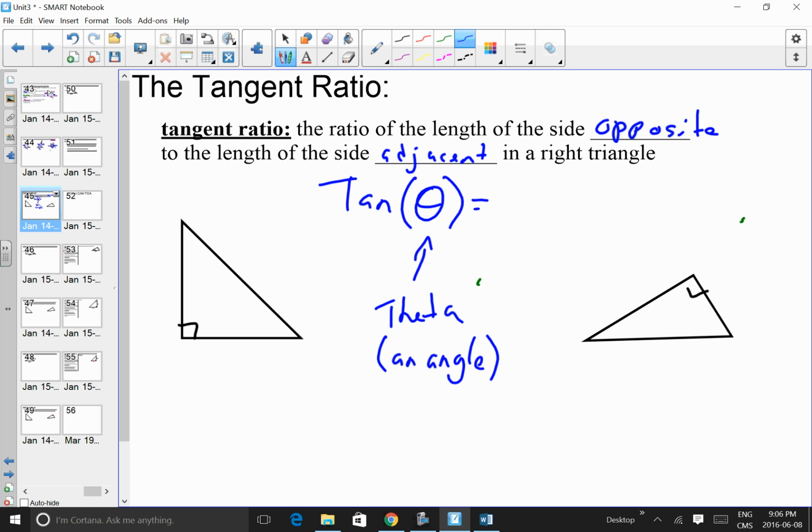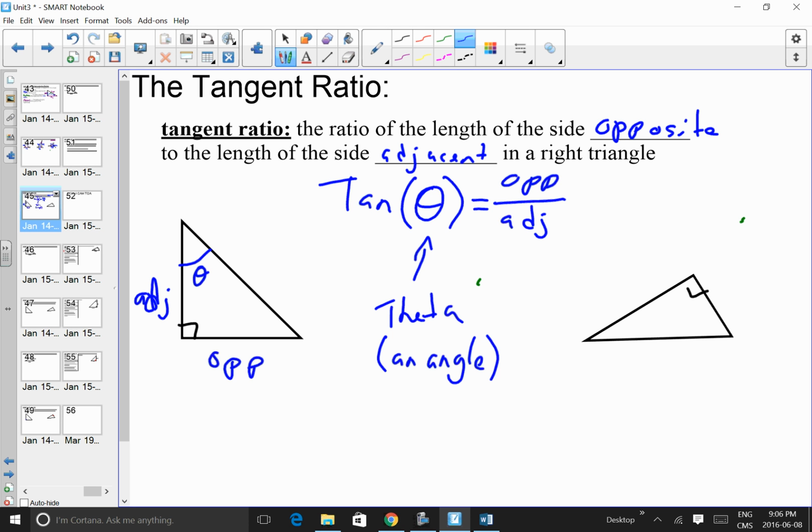So that equals the opposite side divided by the adjacent side. What that means is, if this is the angle I'm looking at, that would take this side here and divide it by this side.